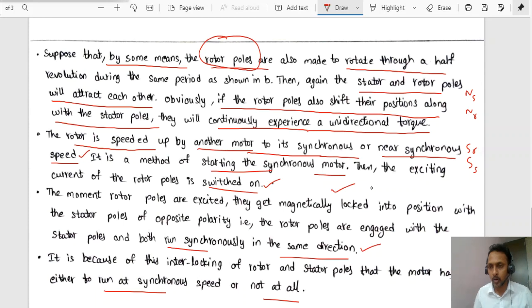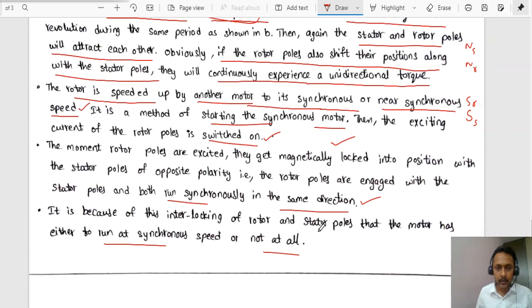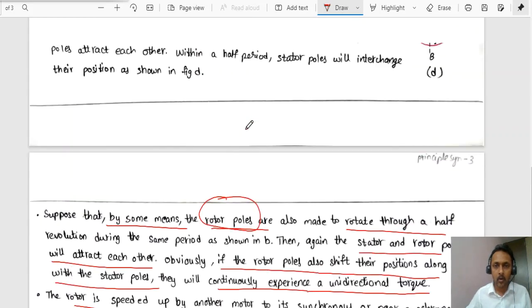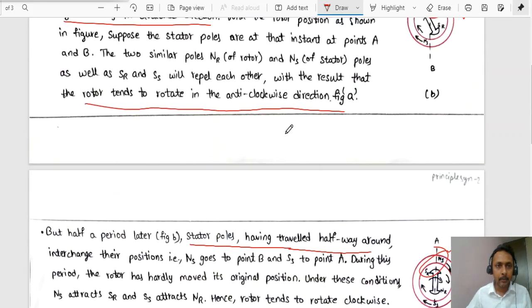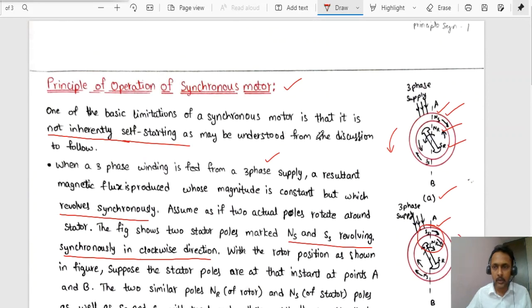Similarly, south pole of rotor and south pole of stator must be at the same position. So it is because of this interlocking nature of rotor and stator poles that the motor has to either run at the synchronous speed or not at all, right? So this is all about the principle of operation of the synchronous motor.